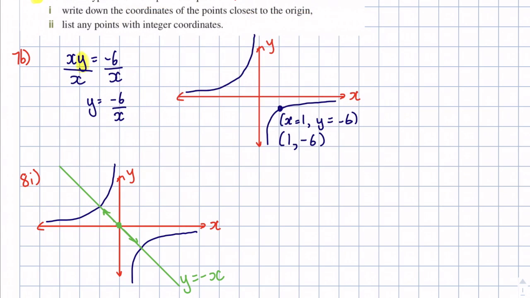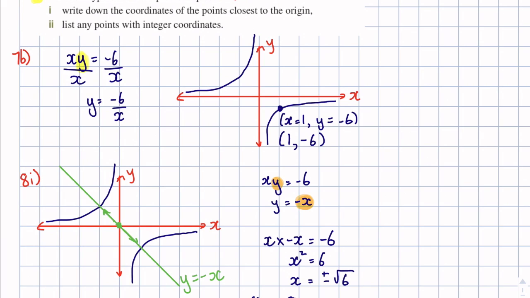So if I have xy equals minus 6 and y equals minus x, I'm going to substitute in y equals minus x for y. So I've got x times minus x equals minus 6. Divide both sides by the minus, I get x squared equals 6. So x equals plus or minus the square root of 6.